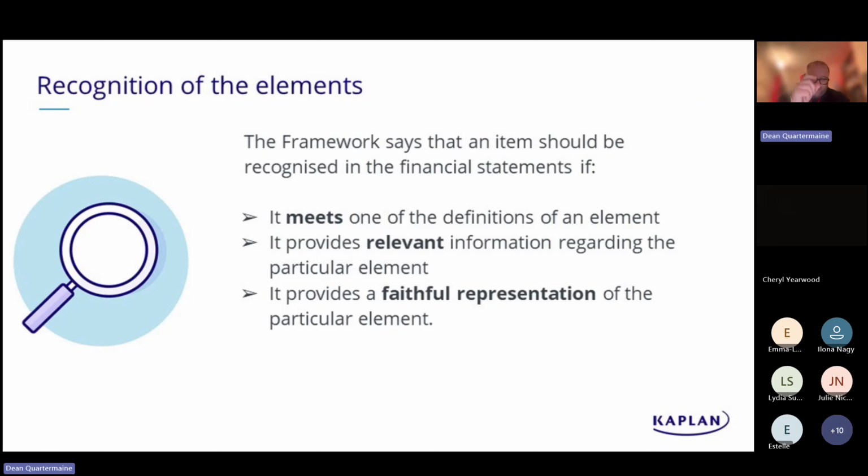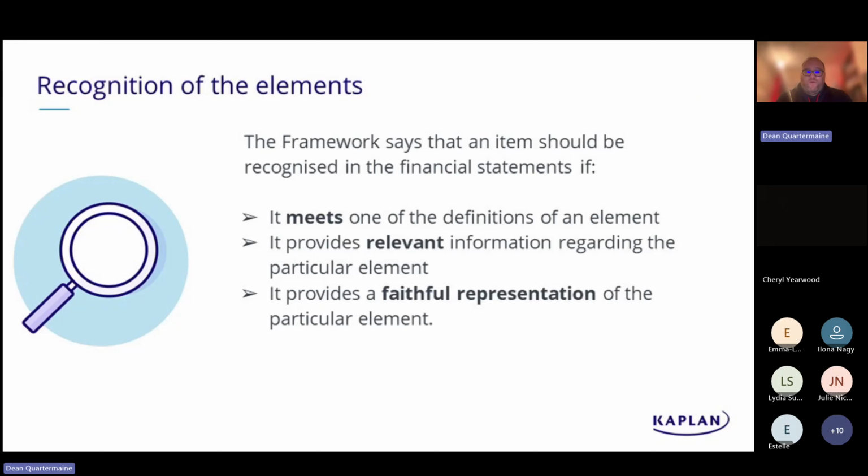So we talked about assets, liabilities, equity, income, expenses. What does the framework say around the recognition of those individual elements? The framework says any item should be recognised in financial statements if it meets one of the definitions of an element: asset, liability, equity, income, expense.